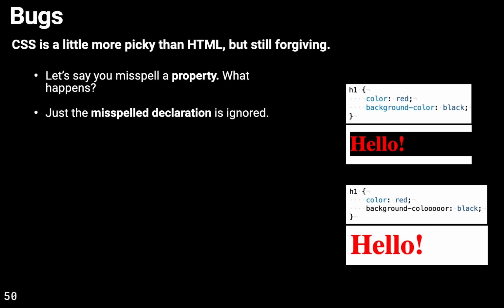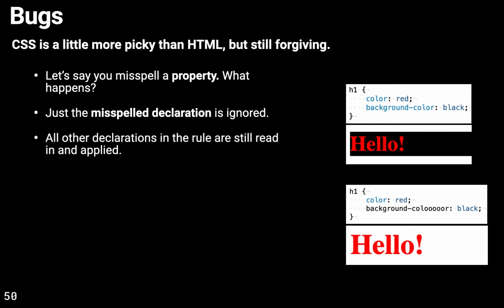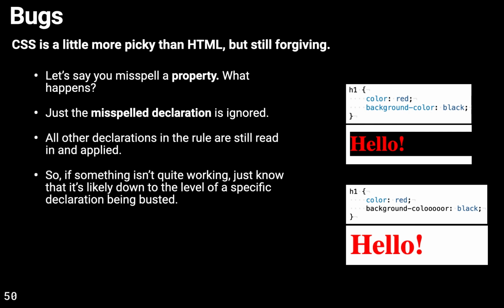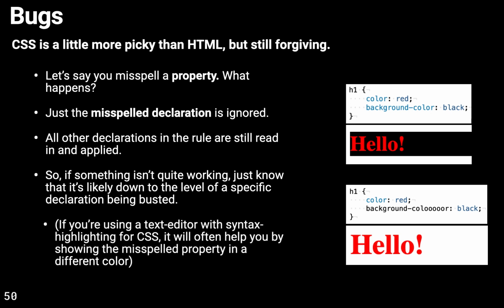So my declaring background color as black, it skips that, but the color should still be properly read as red. You see in the example? So all the declarations in the rule are still applied. It just skips the ones that are broken. So if something isn't quite working, just remember that this is how it breaks, right? It may be a specific declaration is busted, not your whole rule is off.